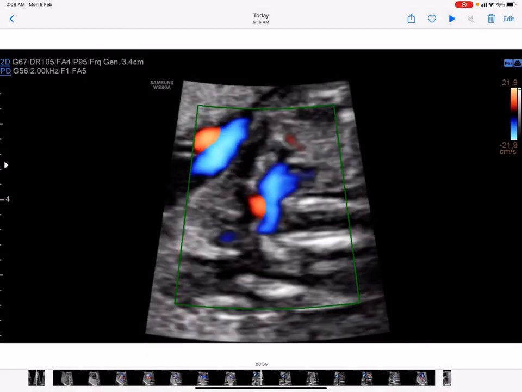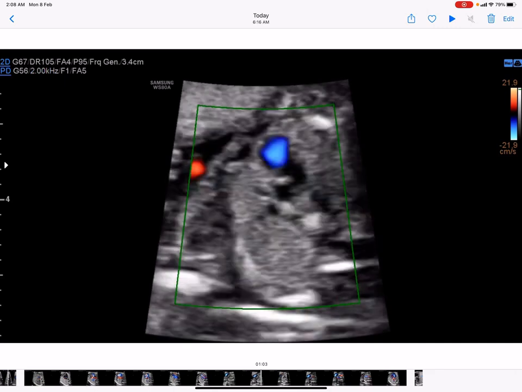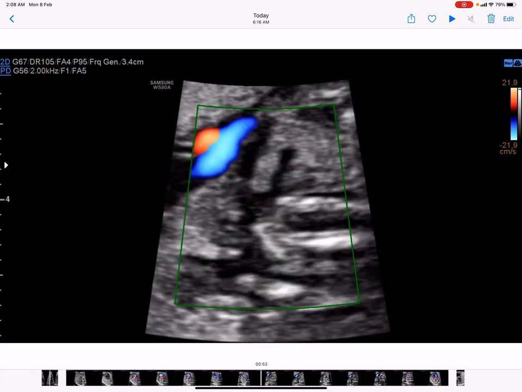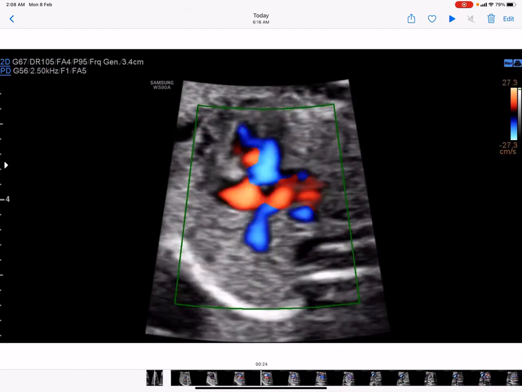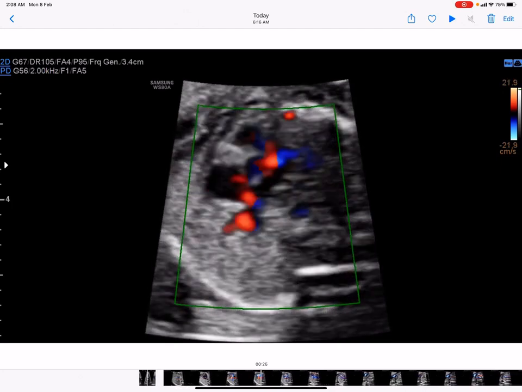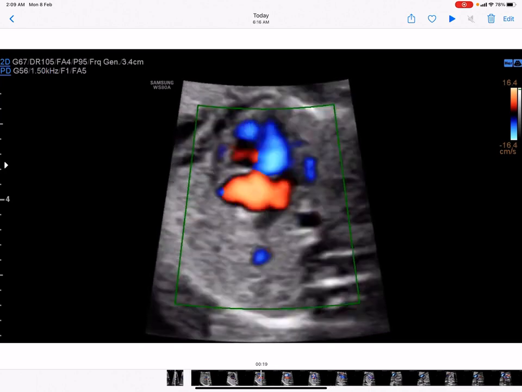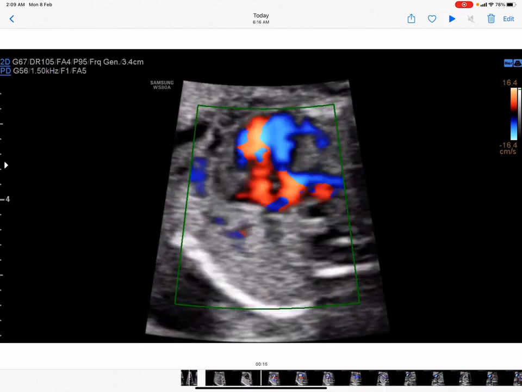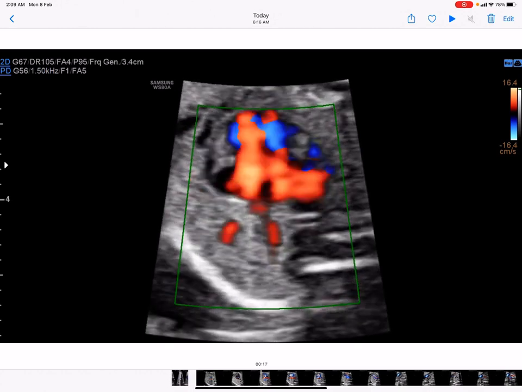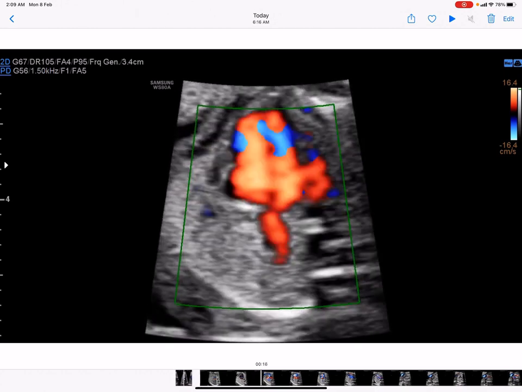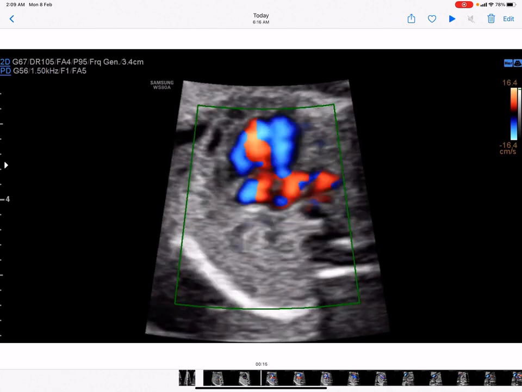Another tip which I would like to give you is how to look at a normal right subclavian artery in real time, I mean in your day-to-day practice. See how I do it: I just ascertain the situs of the fetus once.